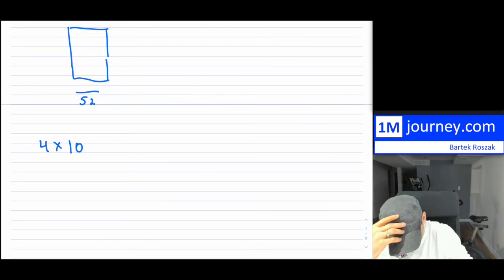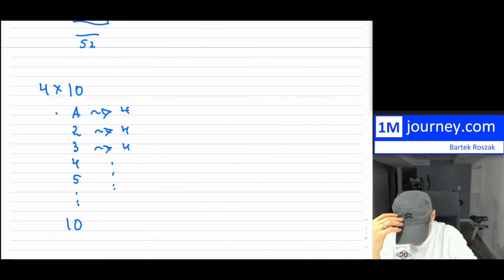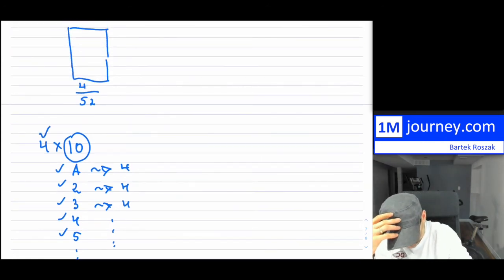Notice 1, 2, 3, 4, 5, 6, 7, 8, 9, 10. So there are 10 different types of cards, 4 of each, so there are 40 in total.